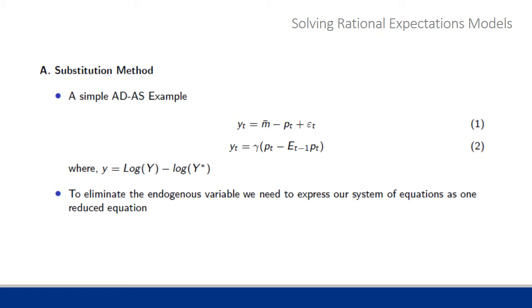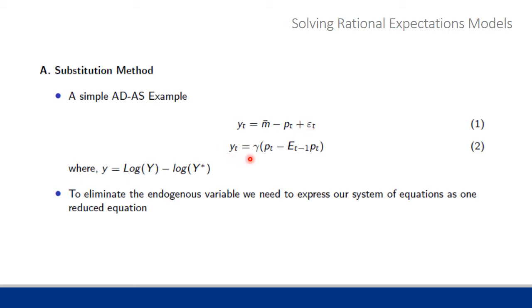There are two equations, which means there are two agents in the model, one representing the demand side, that's the aggregate demand function, and one representing the supply side. This is the aggregate supply equation. Yt is equal to m bar, that's exogenously set money supply, minus pt, which is the price level, plus some aggregate demand shock, epsilon t.